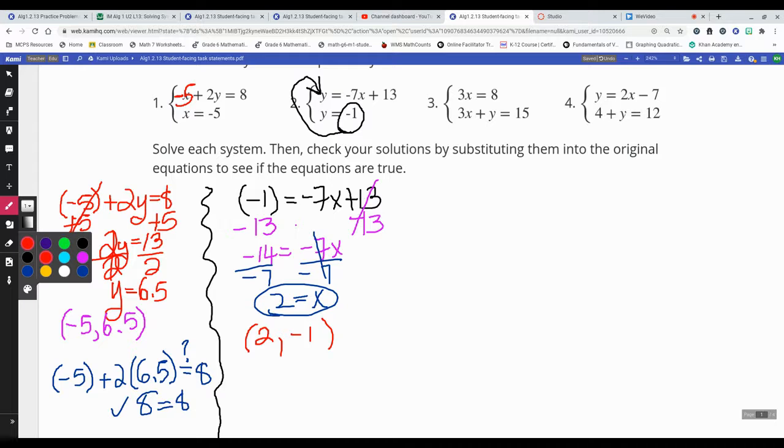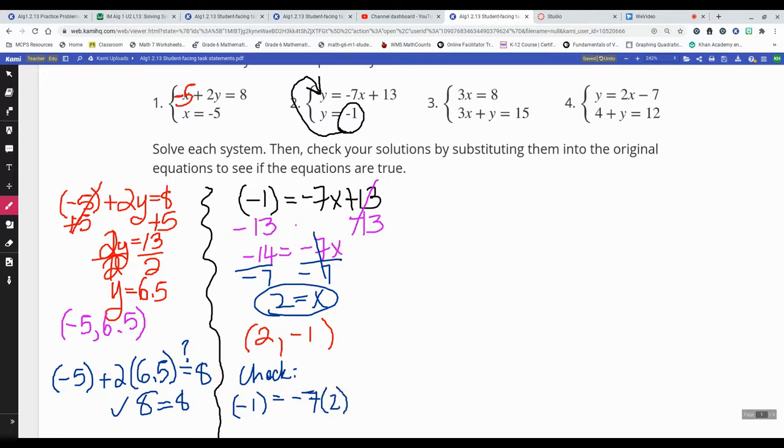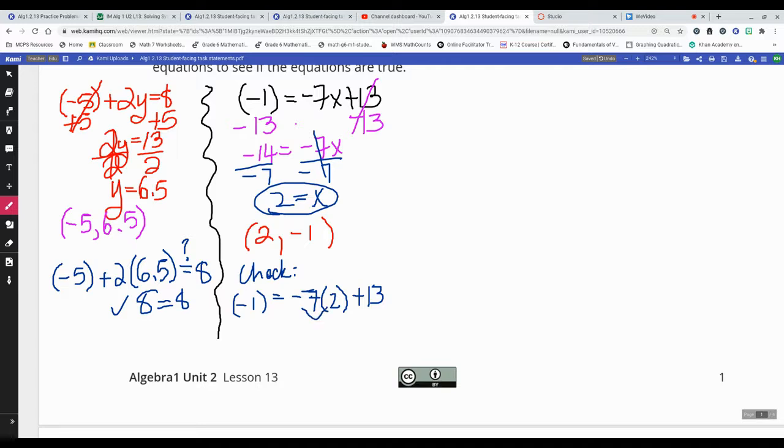All right, now let's check our answers. Okay, so if you're checking, this equation is pretty self-explanatory, but for the first one, we're told y is -1, and then -7 times x, which we're told is 2, plus 13, right? -7 times 2 is -14 plus 13.